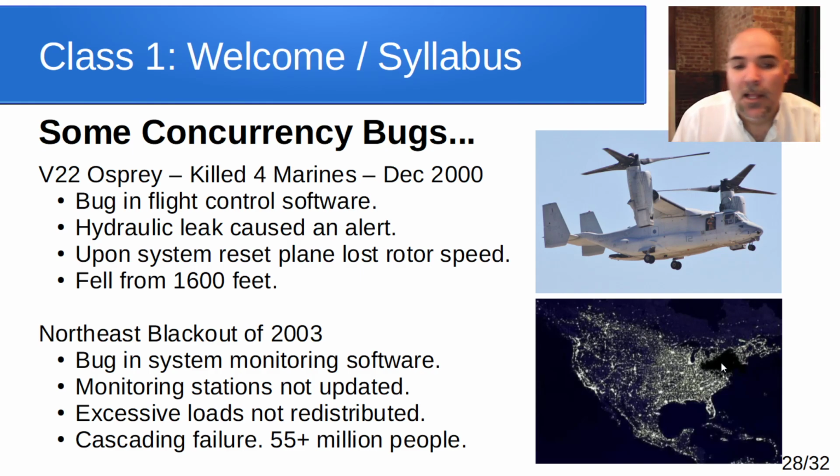They all go off. And the kicker here was nobody could control it or monitor it because of that single concurrency bug in their software. So it was a cascading failure, and it ended up with over 55 million people without power in some cases for several days while they figured it out and figured out how to get it all back online.